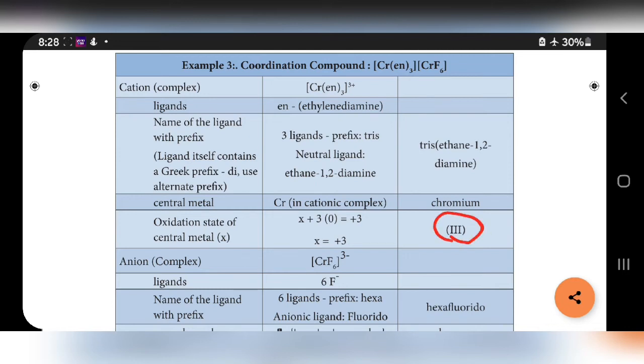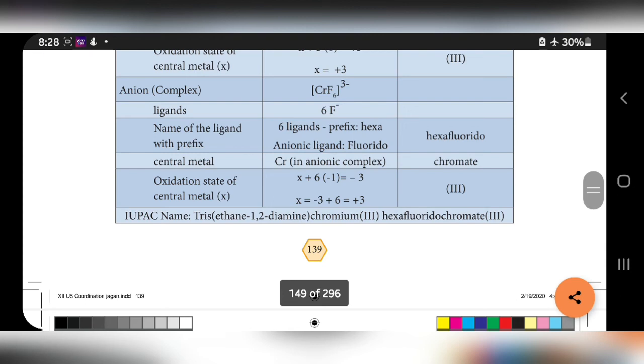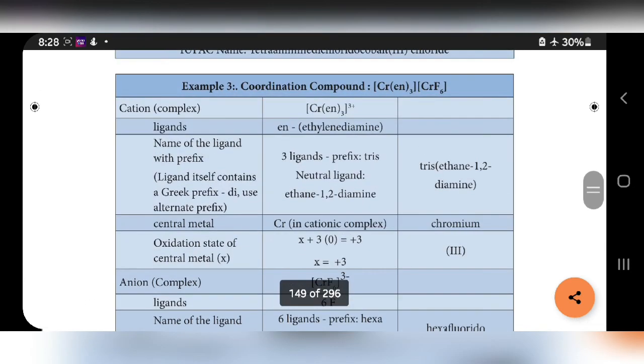So for the cationic complex, we know the ligand name, central metal ion name and oxidation number. Next we are going to find out the name of the anionic complex. So the second bracket is CrF6 3 minus.